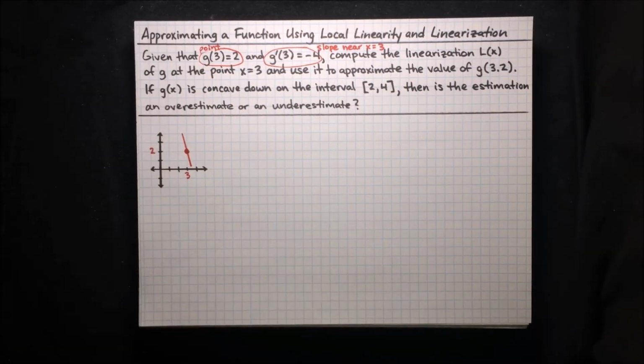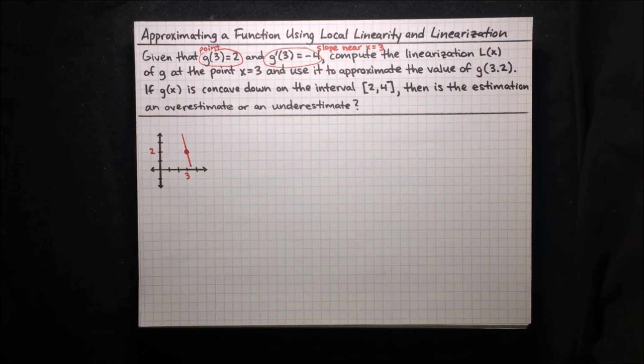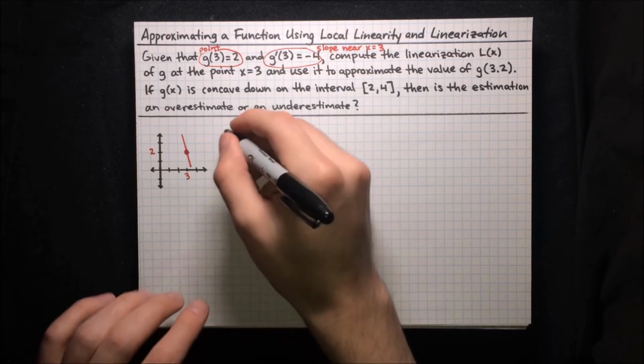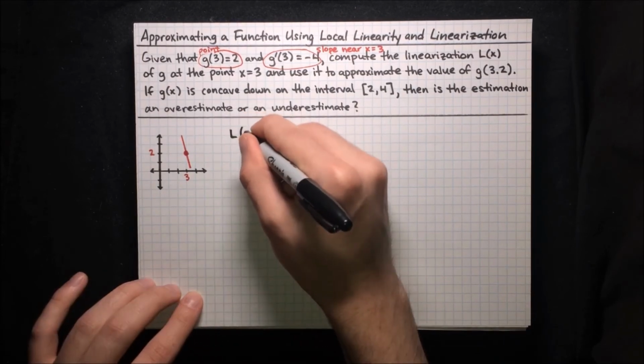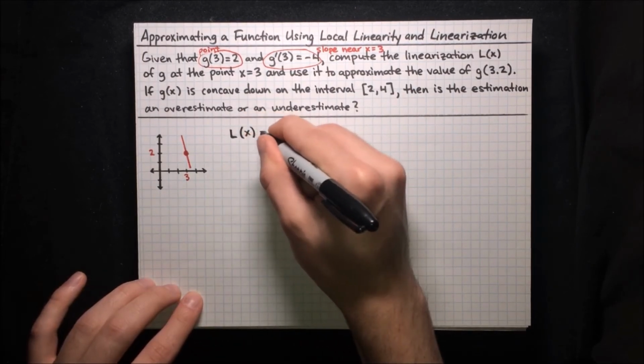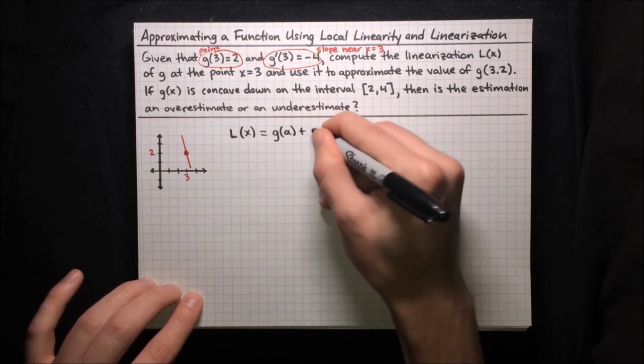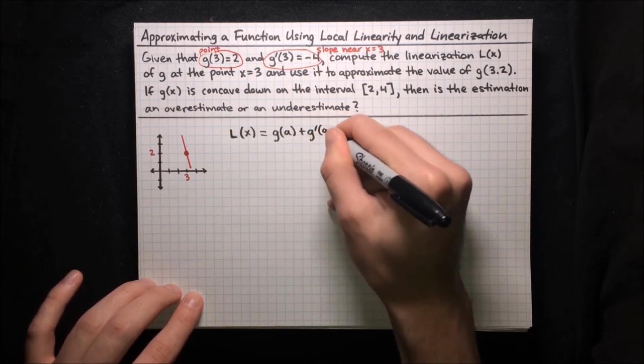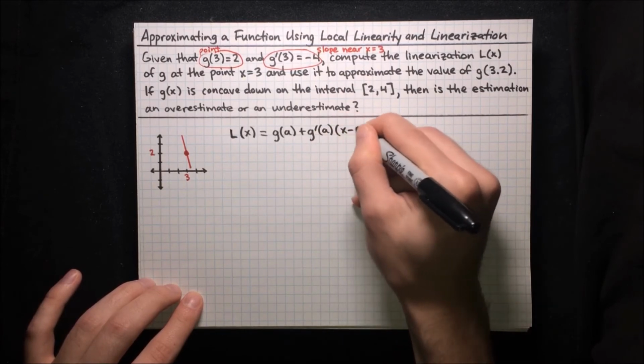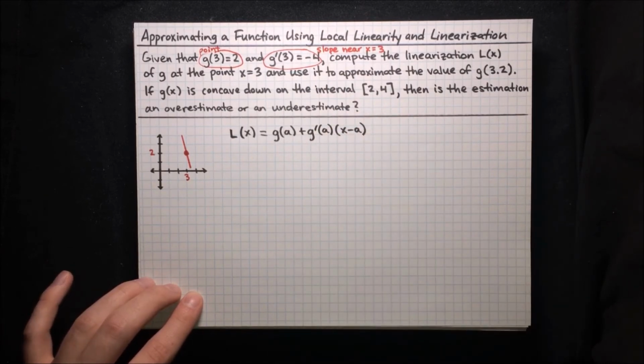To write the equation of this linear approximation, why don't we just use the general formula that we made previously? We know that the linear approximation centered at the point x equals a of g of x is given by g of a plus g prime of a times x minus a. In particular, we're interested in centering our linear approximation at the point x equals 3.